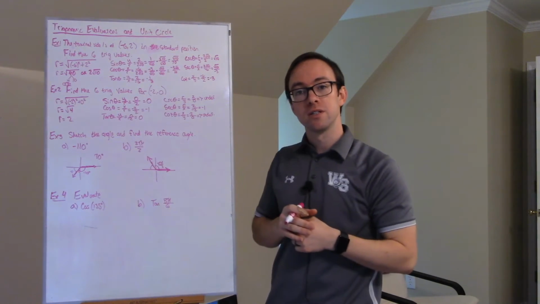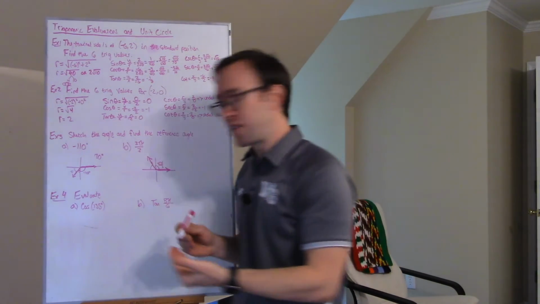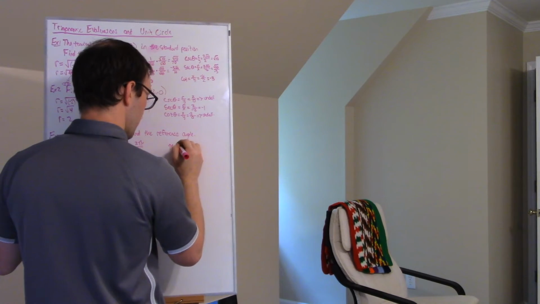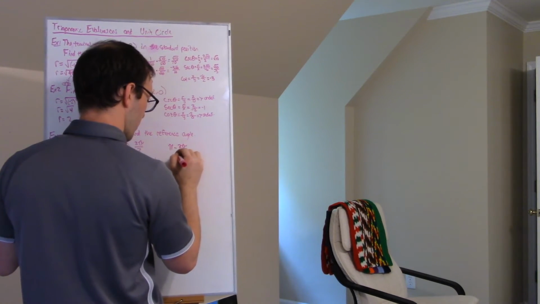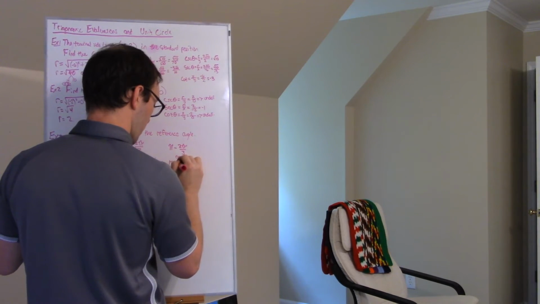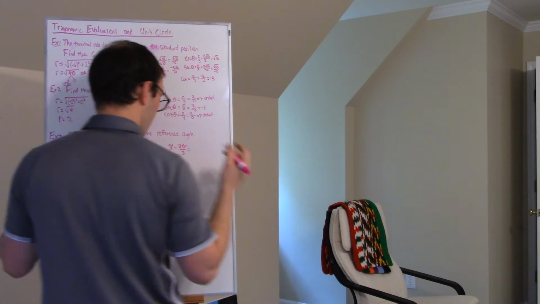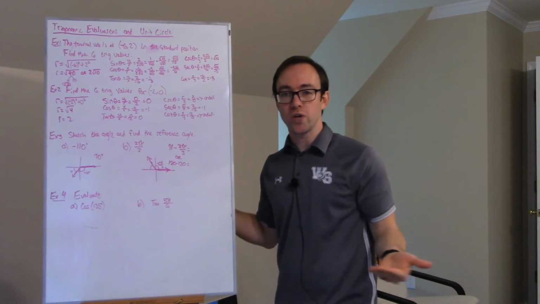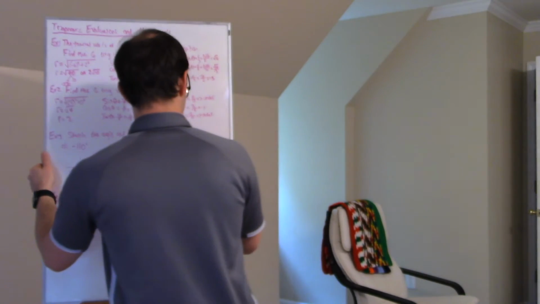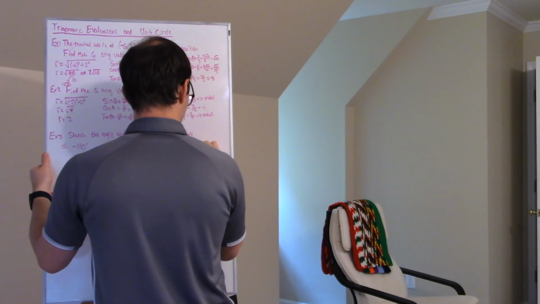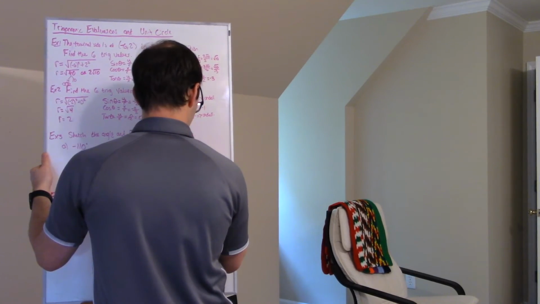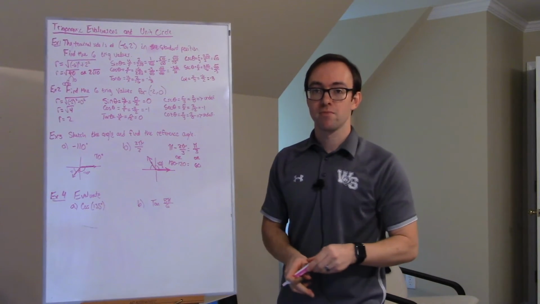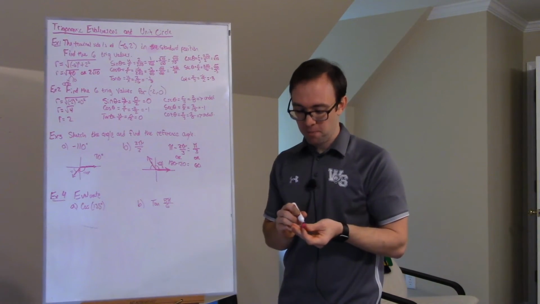So this angle has to be the difference between the two. So 1 radian minus 2 radians over 3, or 180 minus 120. So radian over 3, or 60 degrees. That's the reference angle for part B.